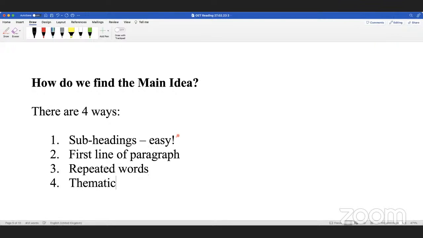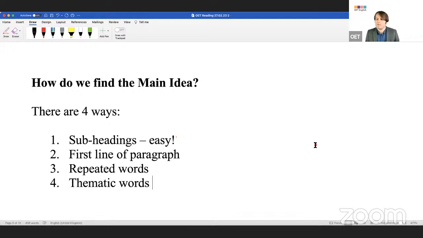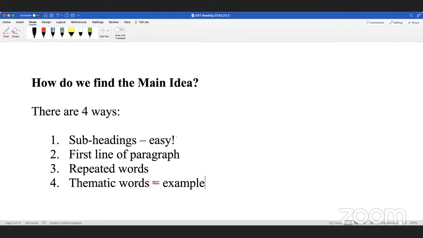Thematic words. Okay. Often people don't know what I mean by thematic. So Zainab, could you tell us what thematic words mean, please? Maybe we can say dog, cat, and fish. It's all animals. Exactly, right? That's all we mean, Zainab.